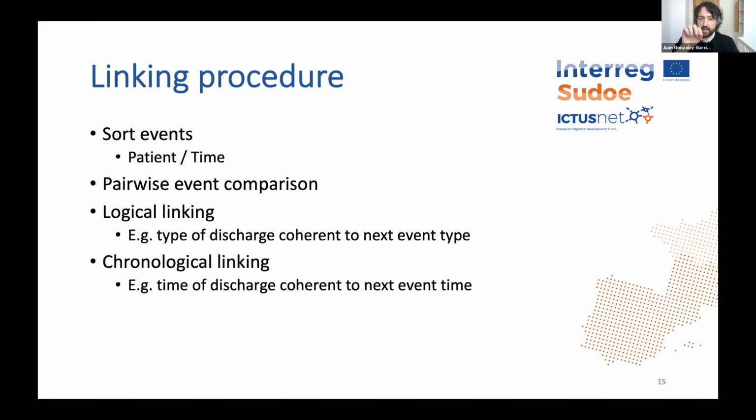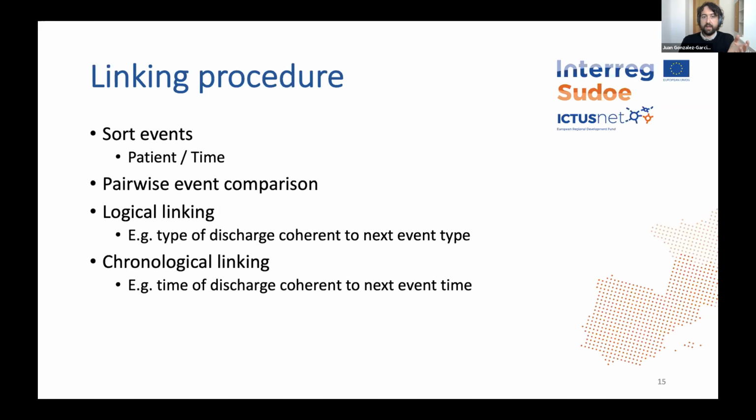We compare, for example, one event of urgent care and the following one, once sorted, of hospitalization. To link them into a single episode, it has to follow a logical linking rule which states that the discharge type in the urgent care should be coherent with the admission type in the following event.